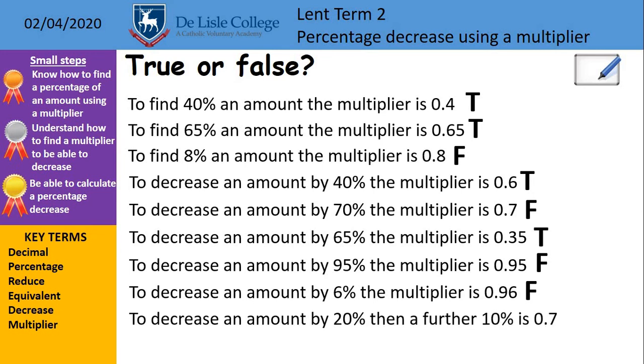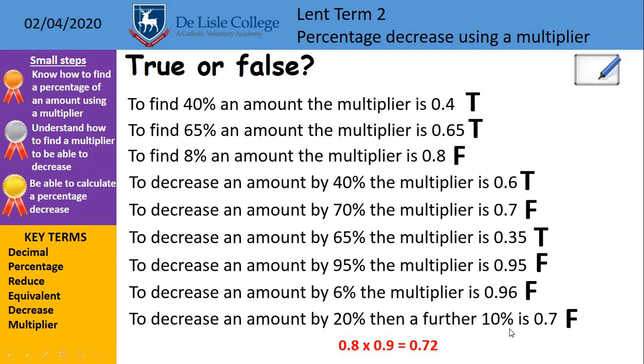To decrease an amount by 20%, then a further 10% is 0.7. This is false. So in the last slide, to decrease an amount by 20%, we'd actually multiply by 0.8 because 100% subtract 20% is 80%. Change this to a decimal, that would give us 0.8.